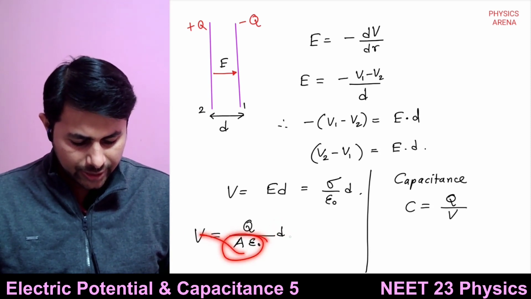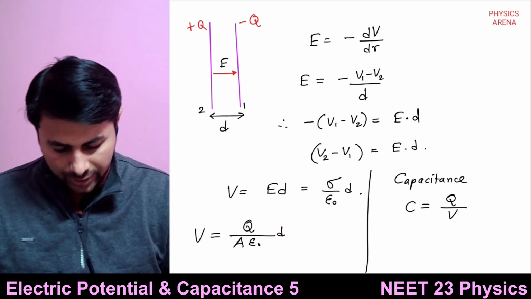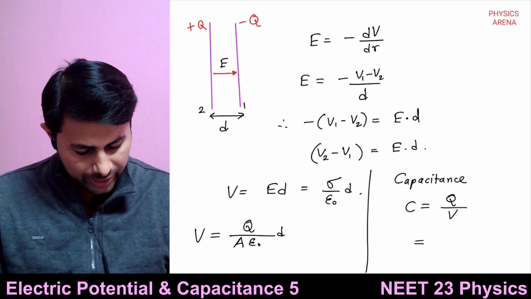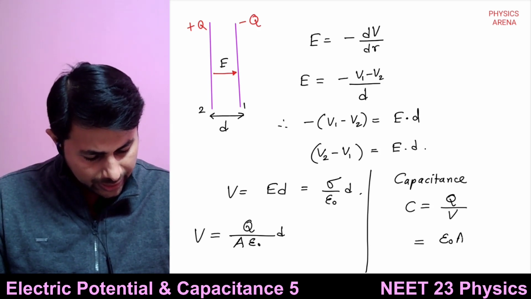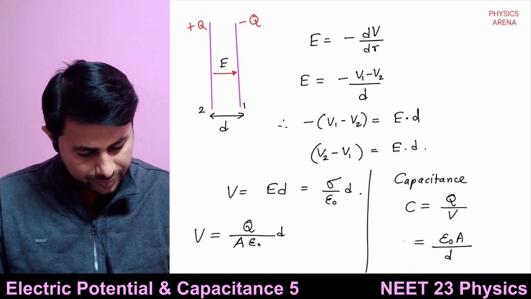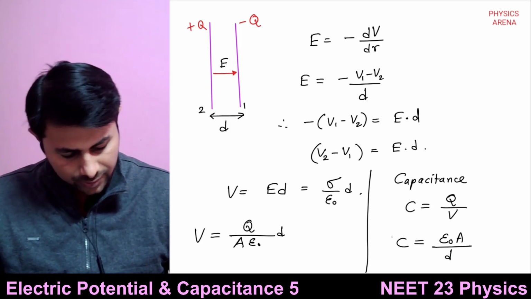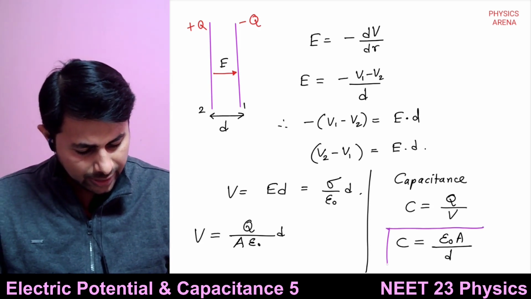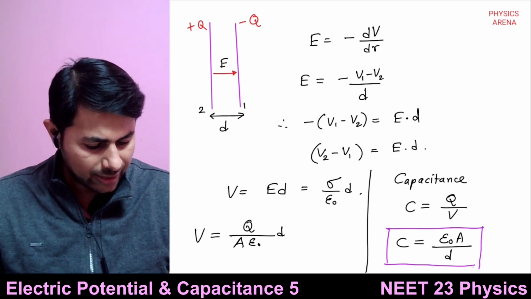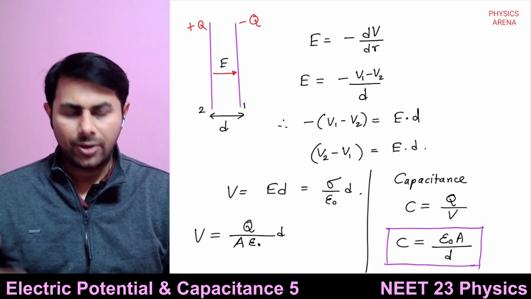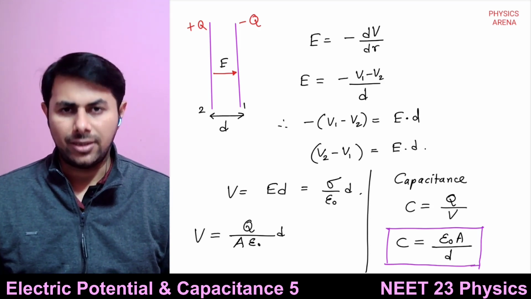This will go to the numerator, this will go to the denominator. So what do we get? We get epsilon naught A divided by D. Okay, capacitance of a parallel plate capacitor is epsilon naught A divided by D.